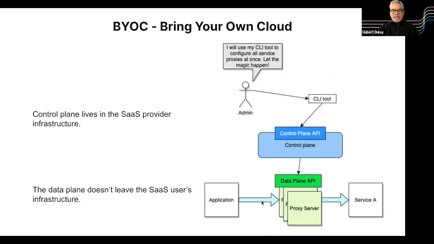The data plane, again, is not in the vendor's infrastructure. Your customer's data is only ever in the customer's infrastructure. Only the control plane lives in the SaaS vendor's infrastructure. And then you can communicate with the control plane. So if this is you as an administrator on the command line, I can invoke some tools and API calls.